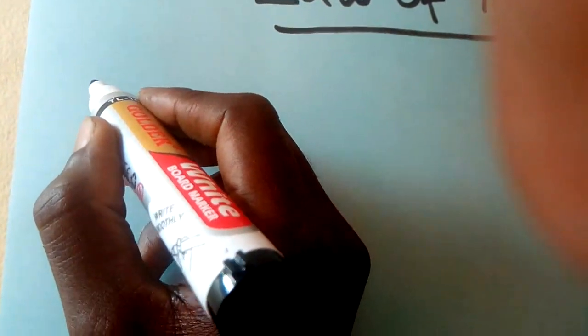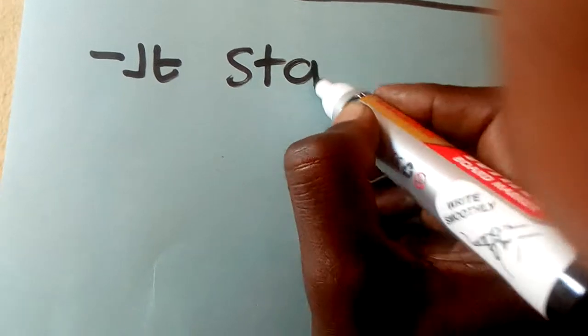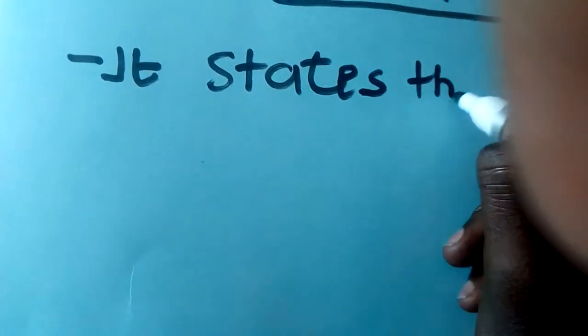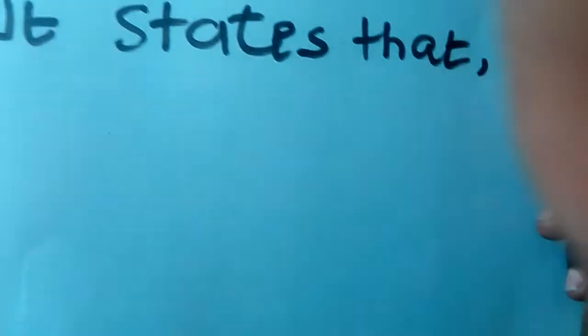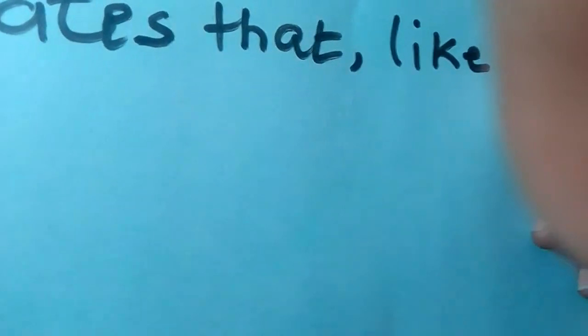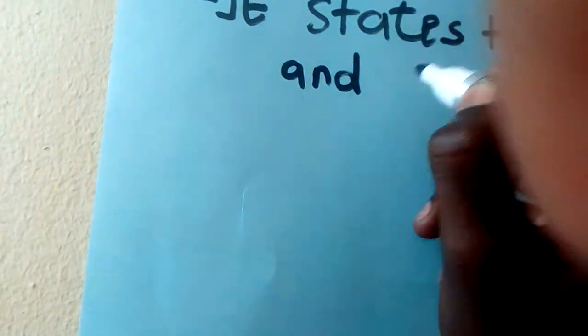The law of magnetism states that like poles repel and unlike poles attract.